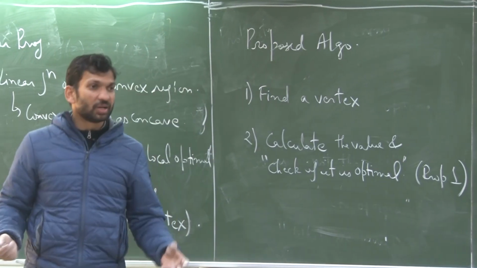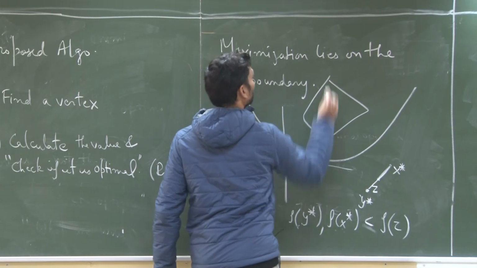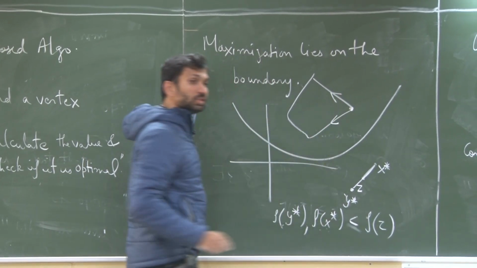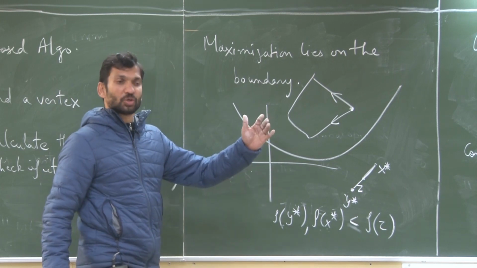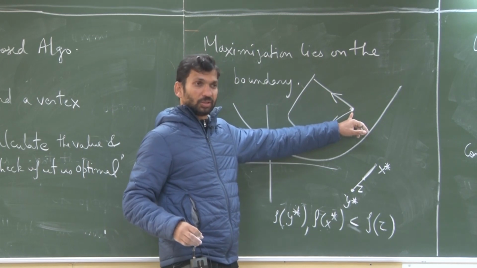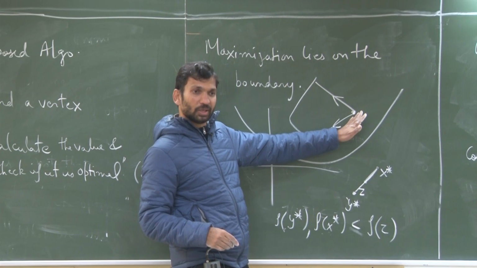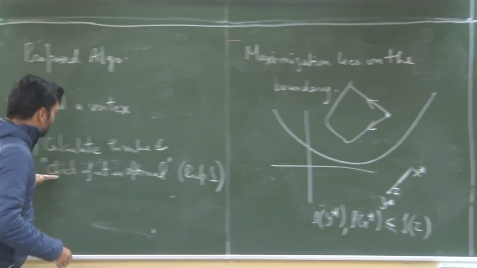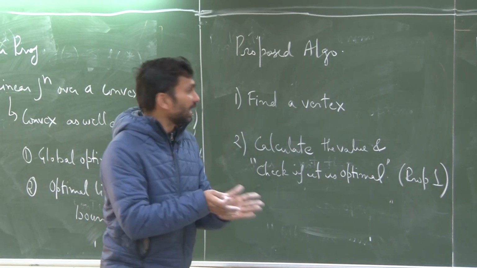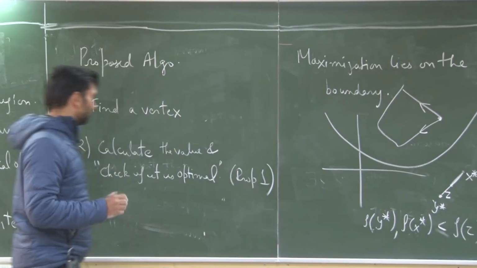What it means is, if this is my convex region and I am at this point, I just need to check whether in both these directions my value increases or not. And that's good enough to tell us whether this is a local optimal or not. But local optimal implies global optimality, so we are just going to check the local optimality here. So checking if it is optimal is easy because we can just check all the directions from that vertex, all the edges from that vertex, and that is enough.